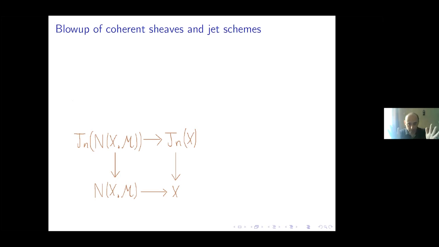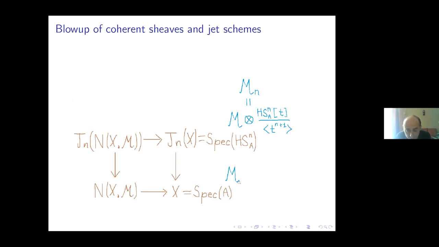Now, to answer this question, we reduce everything to the affine case. And so X is the spec of a ring, and it is known that the jet scheme is the spec precisely of the Hasse-Schmidt algebra. Now, we have associated a module here, the original module, and then they consider this other module.